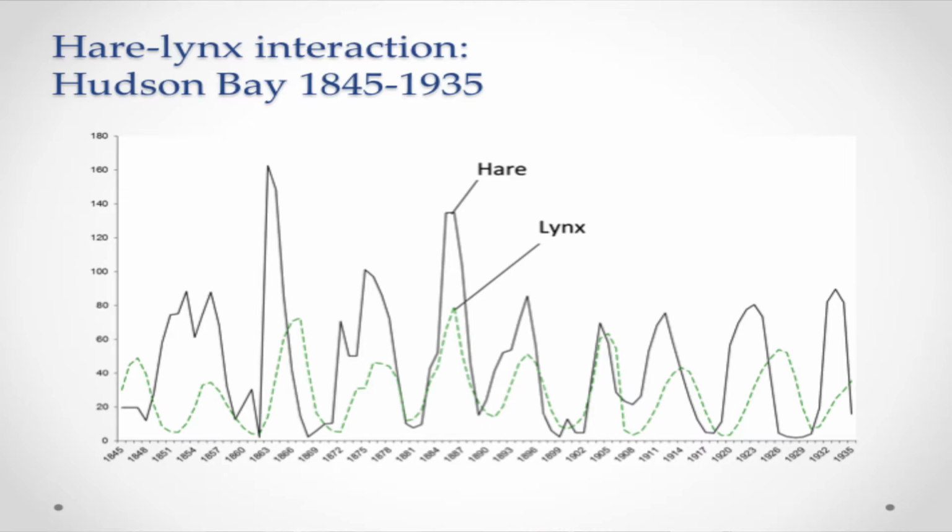Okay, let's turn to ecology. These two curves show the number of furs that were delivered to the Hudson Bay Company in Canada between 1845 and 1935 from two animals which were precious, the hare and the lynx.